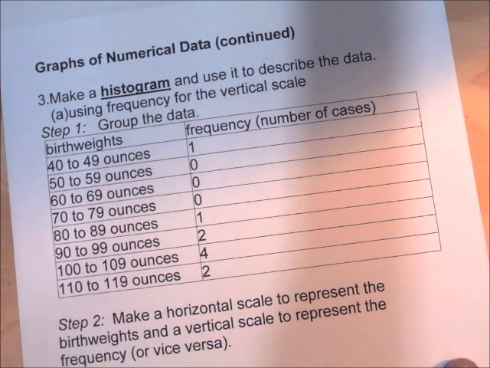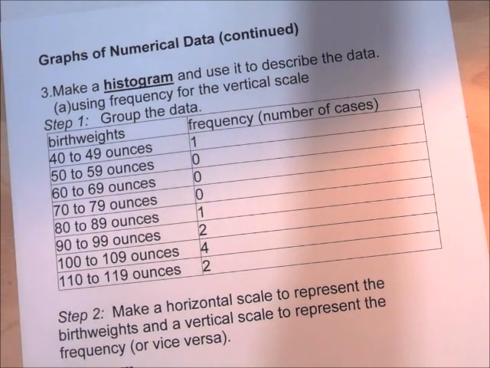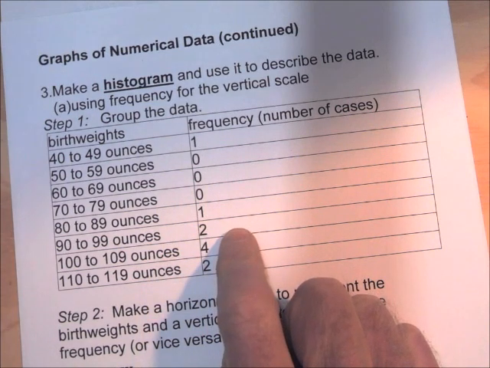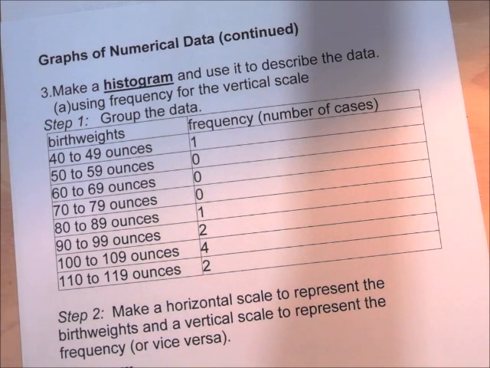Another type of graph is a histogram. For a histogram, you first want to group the data because you don't want too much detail in the graph. Sometimes if you have too much detail, it kind of obscures the forest for the trees. So you're looking for overall patterns.